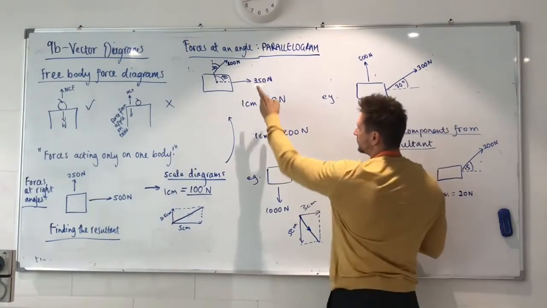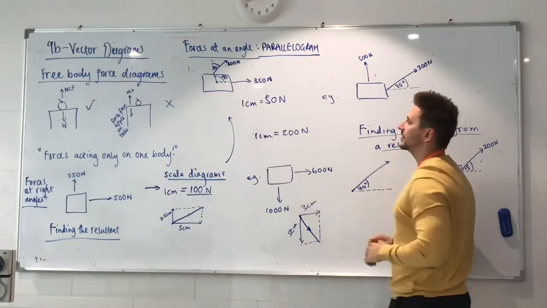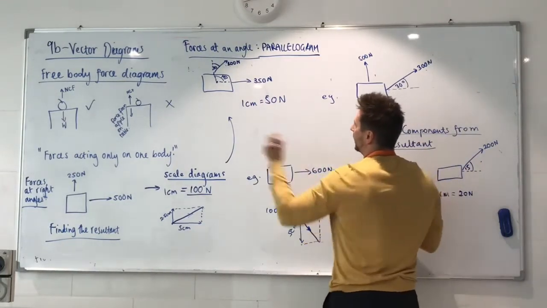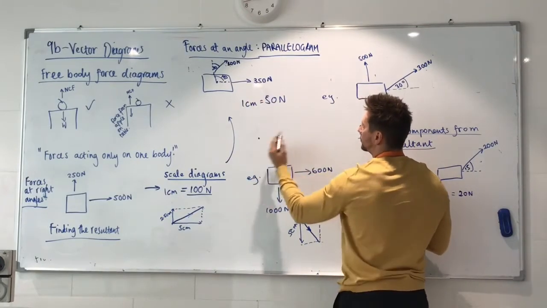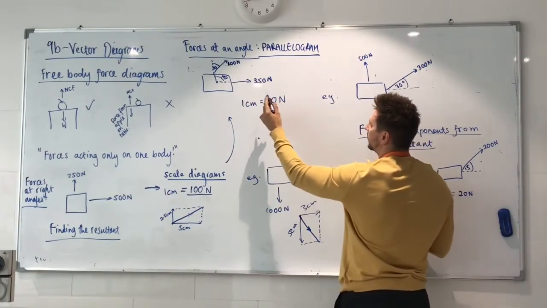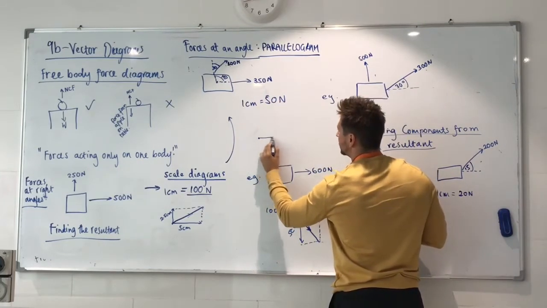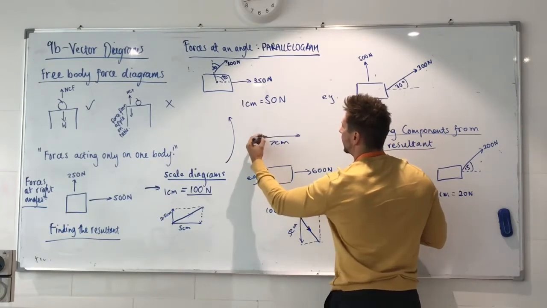Choose a scale. 200 newtons and 350, I went for 1 centimeter equals 50 newtons. Okay, so get rid of that. I start from the center again. The easiest one to draw will be the horizontal one. So 350 is going to be 7 centimeters. And this one, I need a protractor.